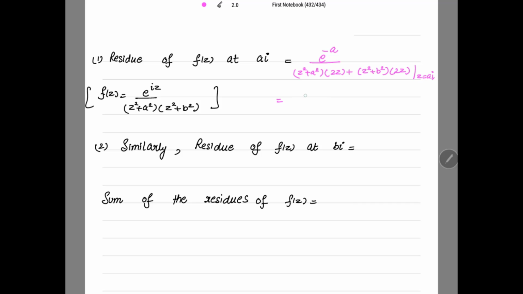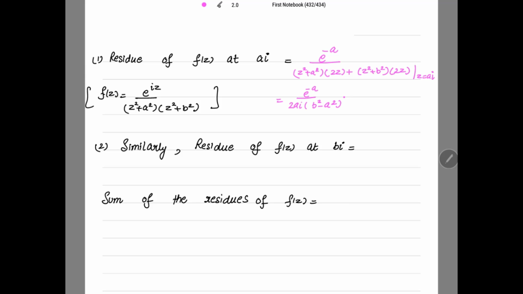So this is equal to e to the power negative a. Now the first bracket will be 0 because z equal to a iota, that will cancel out. For the second one, this is b squared minus a squared, and this is 2a iota. So 2a iota and b squared minus a squared.